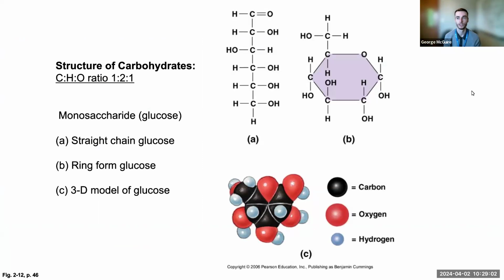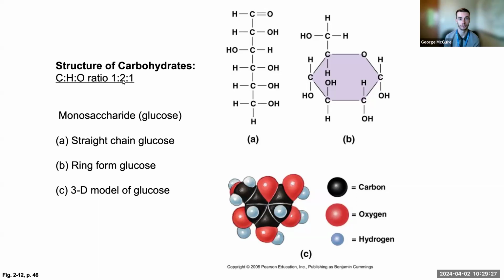All right, so carbohydrates tend to be the simplest. Carbohydrates are only composed of carbon, hydrogen, and oxygen, and they will always exist in this ratio of 1 to 2 to 1 in a carbohydrate and a sugar. So if there are 6 carbons, that molecule will always have 12 hydrogens and then 6 oxygens with it if it is a carbohydrate.